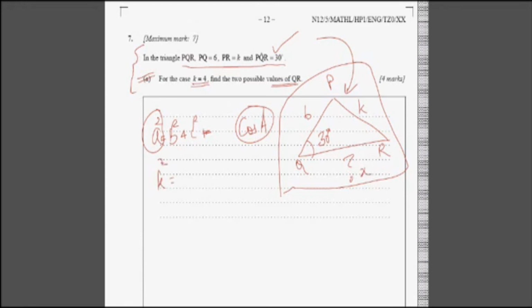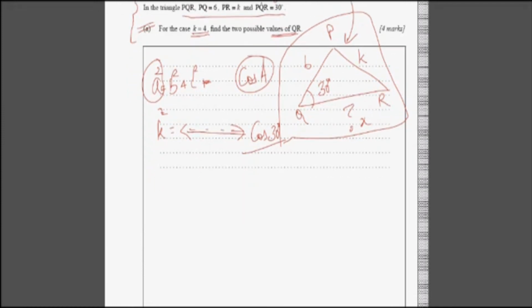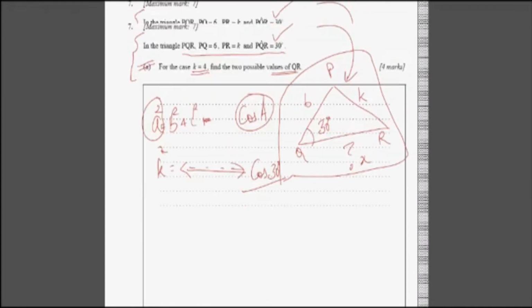If you put this as x square equal to, it doesn't mean that every time it starts with x square. It depends on the diagram that you have drawn. k square equal to, and you can do whatever you want here, and the angle would be cos 30 degrees with all those formulas filled in. We have to be very careful because the diagram is important and the information that is put into the diagram is very important here. More than the answer, because if the diagram is wrong, everything is wrong, you lose the whole 4 marks.